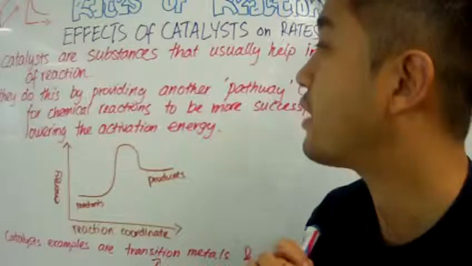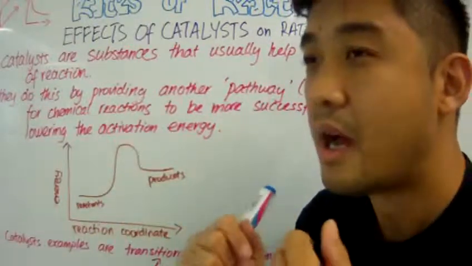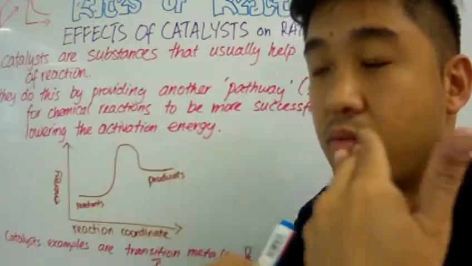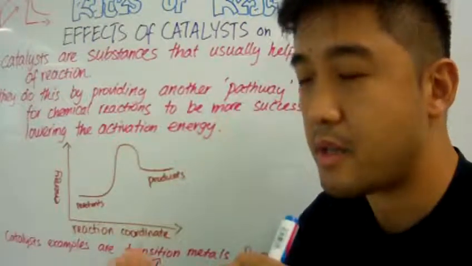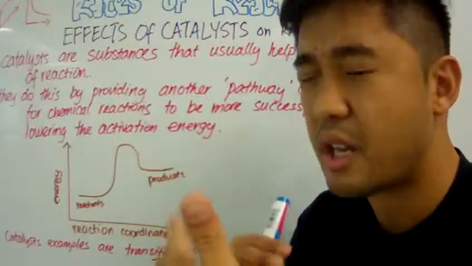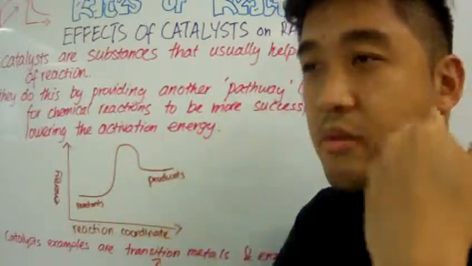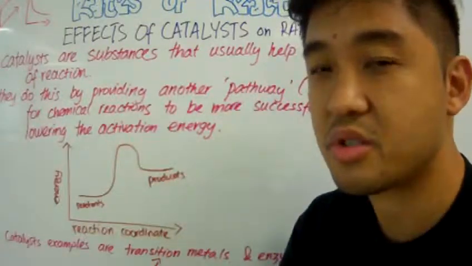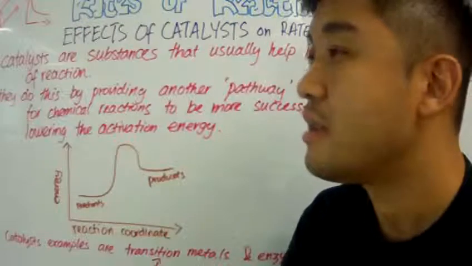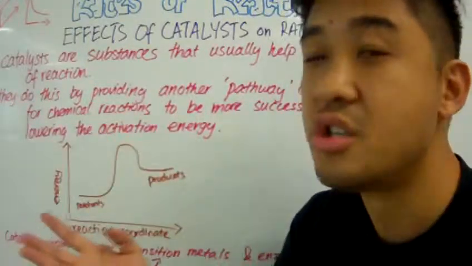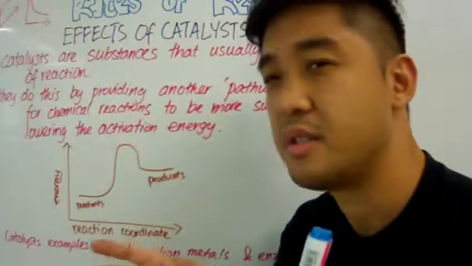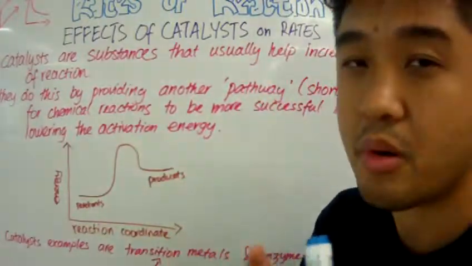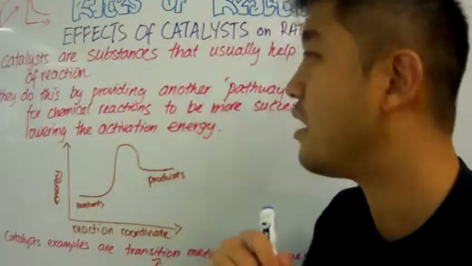And so catalysts also theoretically are reusable, and once they get used in the chemical reaction, they will usually revert back to its original state. All right. The physical appearance may change, however, the chemical properties won't. Okay, so that's an important part that you got to recognize about catalysts.